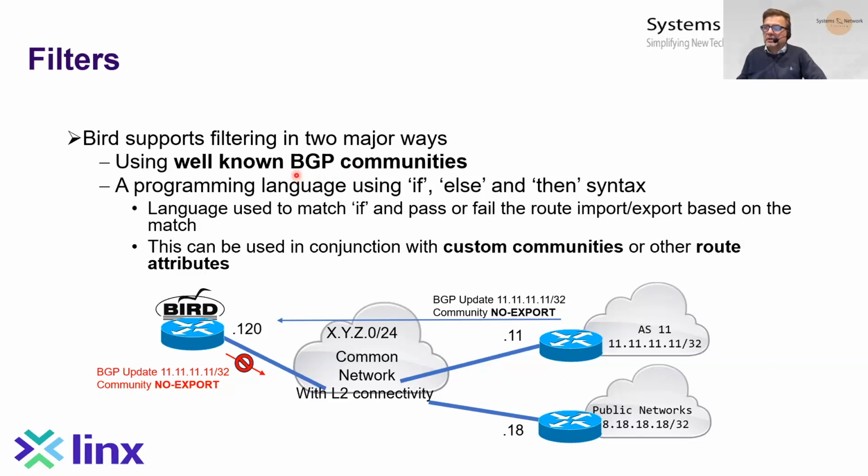So we'll have a look at this in just a second, but for example, if you are AS11 here, this is your route. But if you want to advertise that route with the well-known community of no export, then what you're saying to the route server over here is don't send this out to anyone. Okay, don't export it.